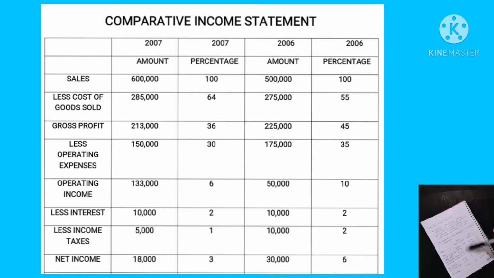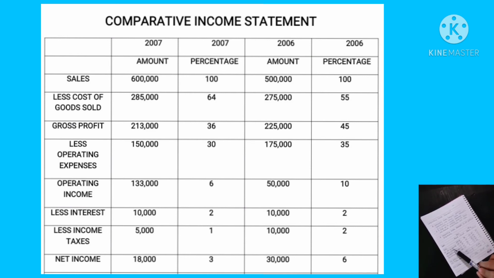But the income statement shows the percentage and the amount. That means it is detailed. The sales in 2006: the percentage is 100 and the amount is 500. In 2007, the percentage is 100 and the amount is 600. So, it increased in 2007, which means sales earned.